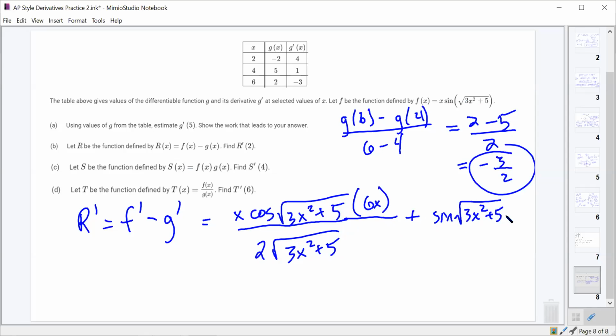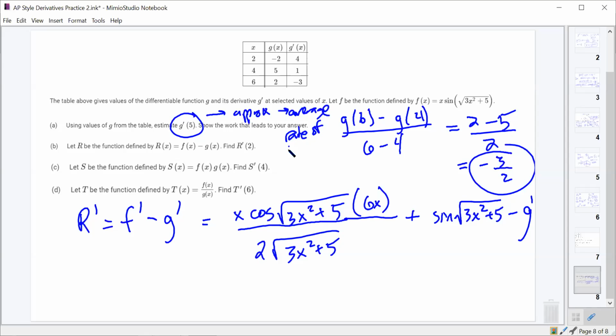I have a question. For part A, why don't you use the g prime values in the table? Because it's asking us to find an instantaneous rate of change, and the best approximation for that is using an average rate of change.